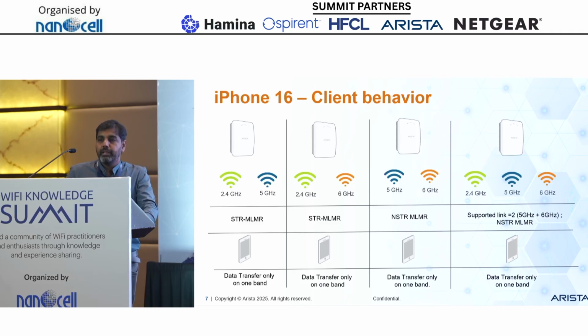If you put it on 5 and 6, then from an association standpoint it advertises non-STR MLMR, but it will transmit on only one band. I'll walk you through the packet captures to give you some heads up. At a very high level, the client advertises one thing, but the data transfer happens in a different way, right?